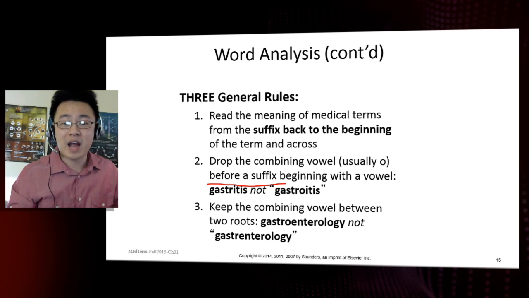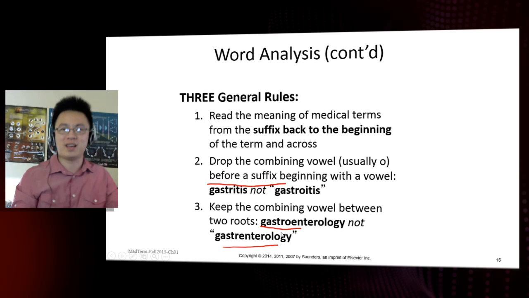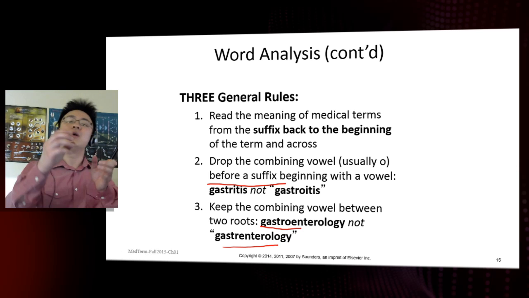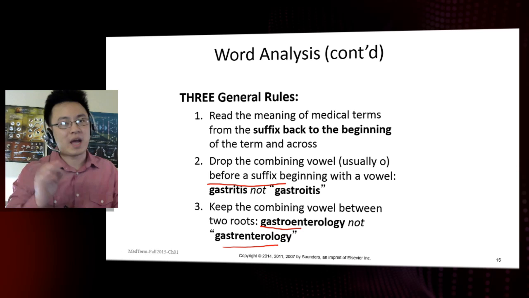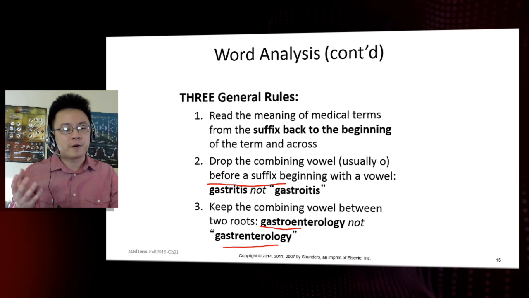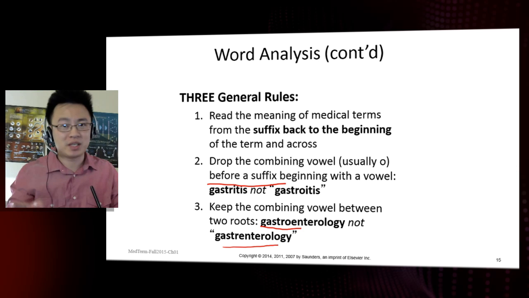So, for example, gastroenterology, not gastrenterology. It's kind of a tongue twister there. So always between two roots. That's kind of the general rule of thumb. Obviously, with medical terms, there are always some exceptions to the rule, but these are the general rules. Don't freak out when you see those exceptions.